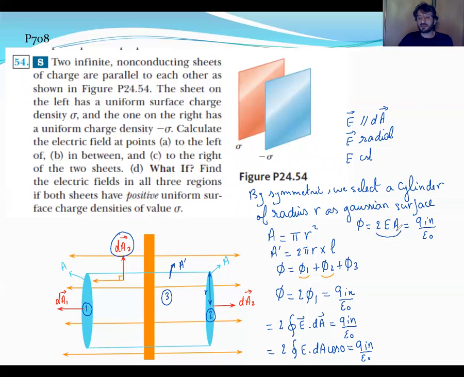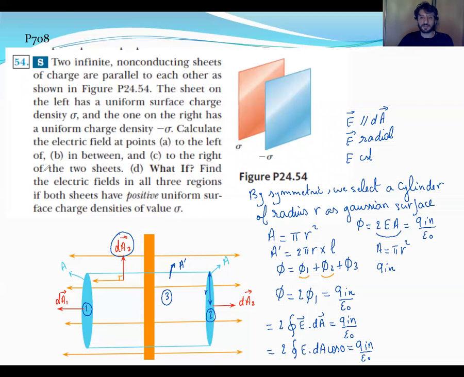This is the area of the left side and the right side. The area of the disk of the left side and the disk of the right side equals pi r square.